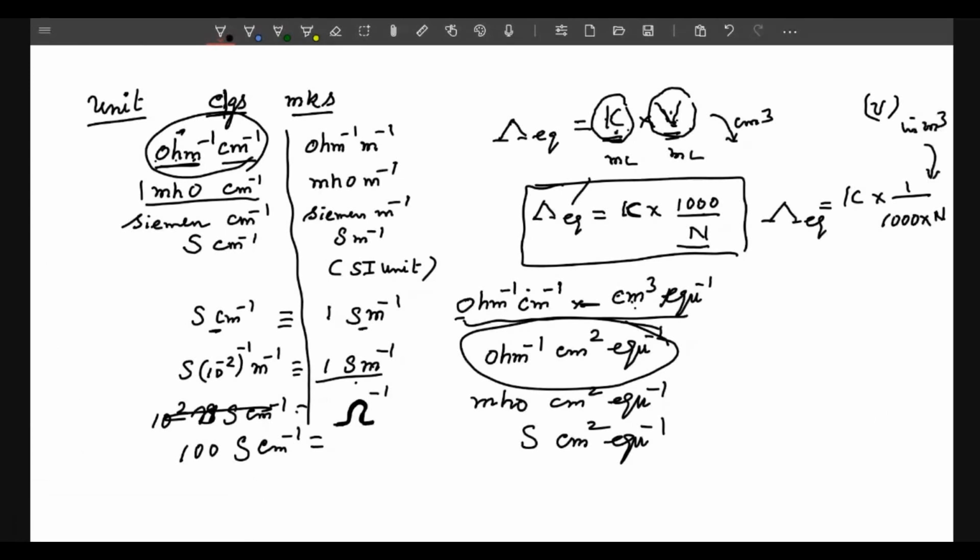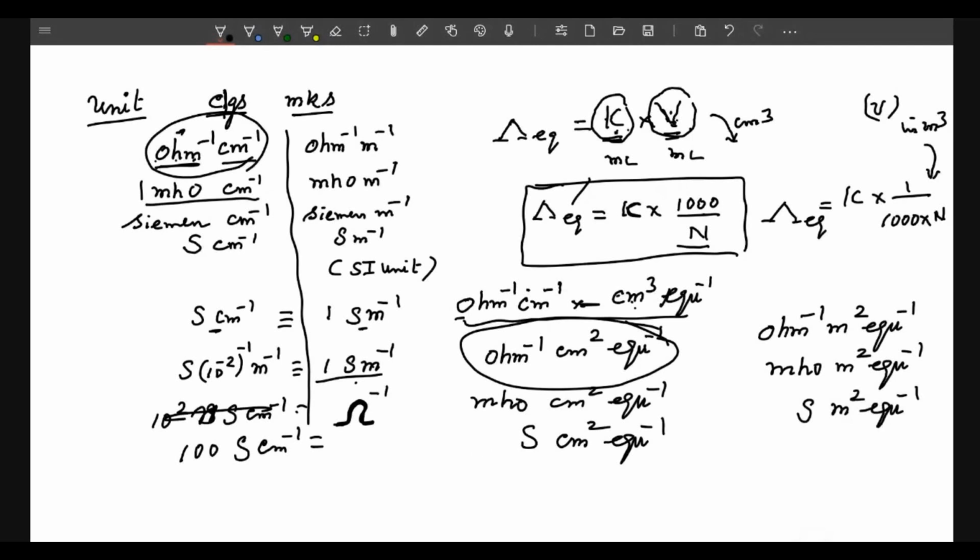Therefore, what are the possible units in terms of meter square? This is in terms of the centimeter, converted into meter: mho meter square per equivalent, or Siemens centimeter square per equivalent.